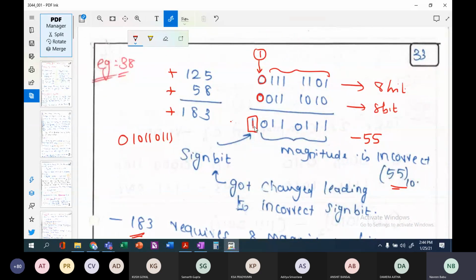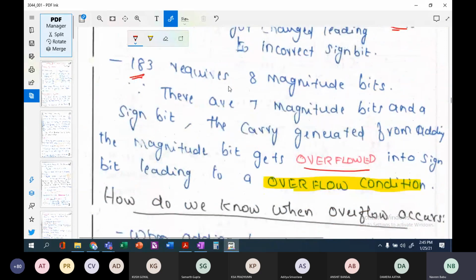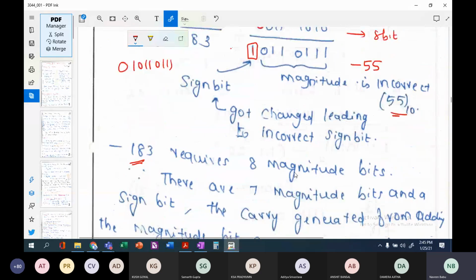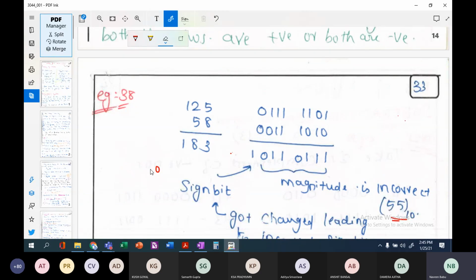Similarly, what if you are adding two negative numbers? Let me erase this particular part and then let me show you. If you are adding two negative numbers, let this be negative and this be negative. So obviously this will be one sign bit, this will be one sign bit, right?